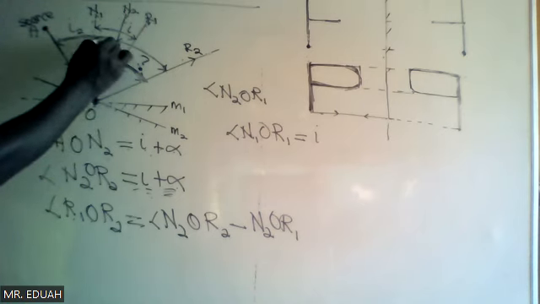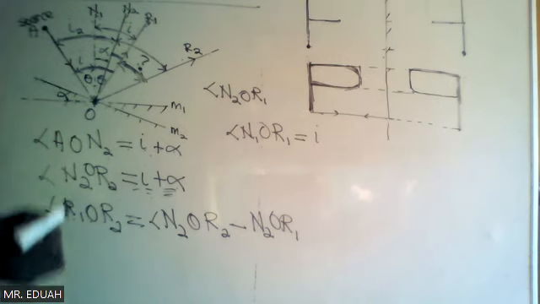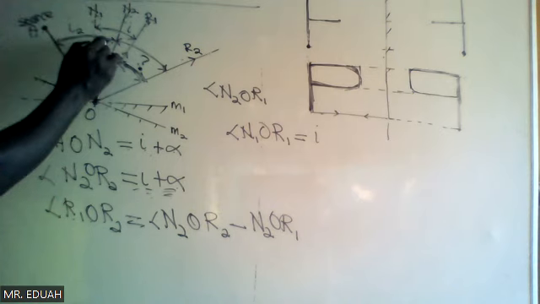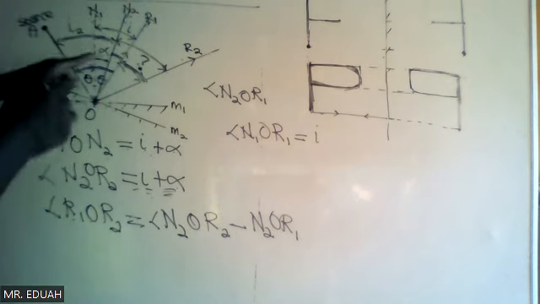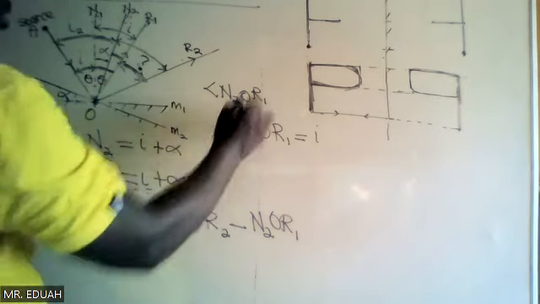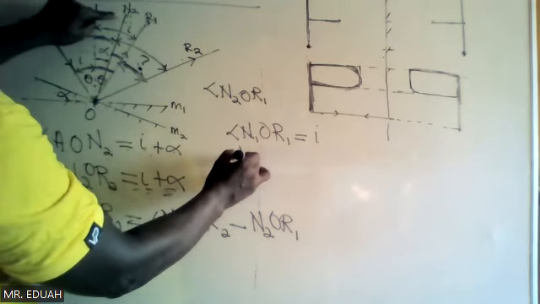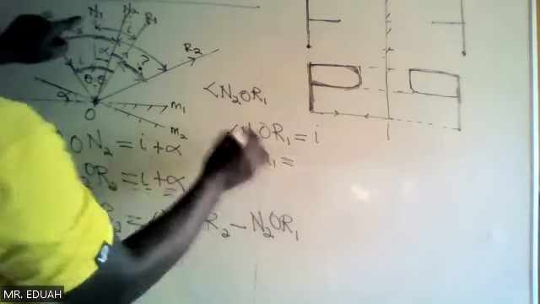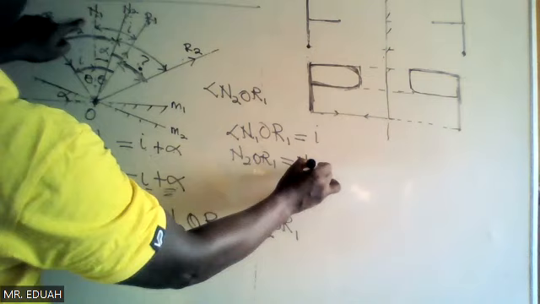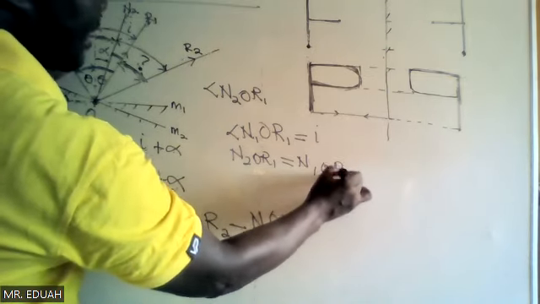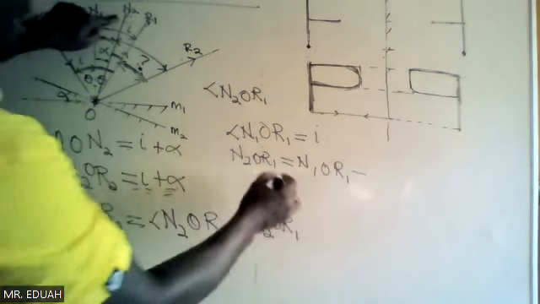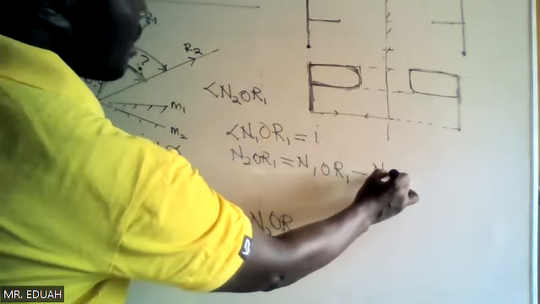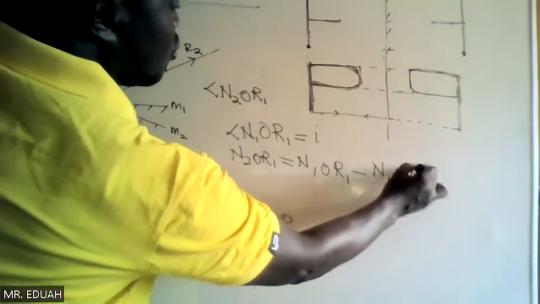We have this angle between the new and the old normal, N2 and N1, which is alpha. So this small angle N2OR1 is equal to N1OR1 minus N1ON2.